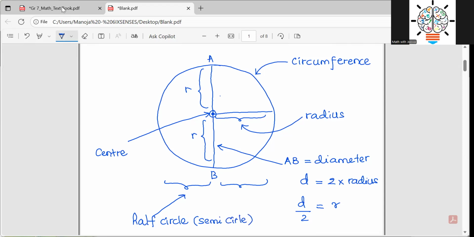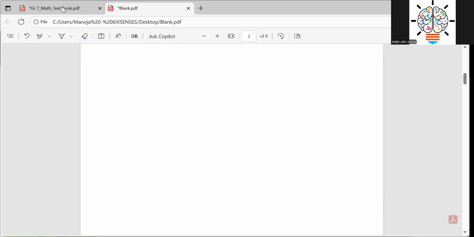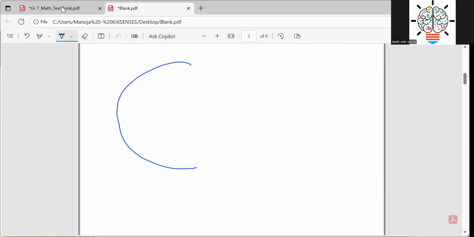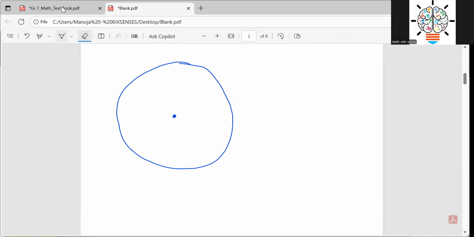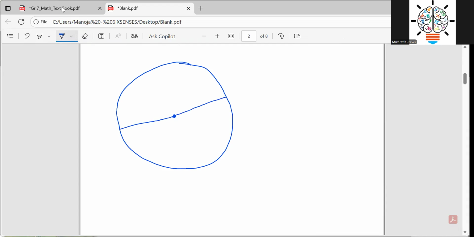Then I'm going to show you one more thing. These are additional things, children, but you should know. Here is the center. If I draw a line across the center, we know that it divides the circle into 2 parts. Here, this is the diameter.